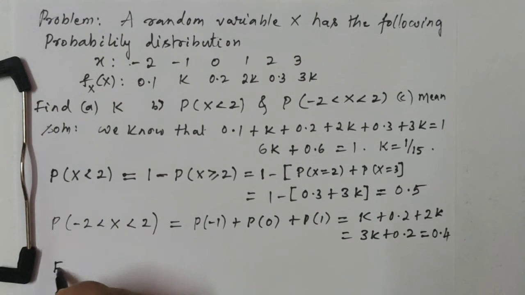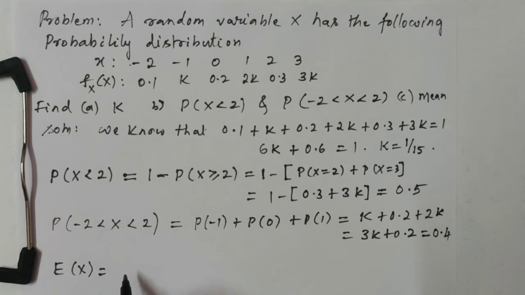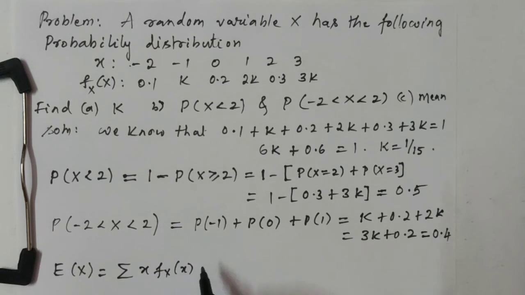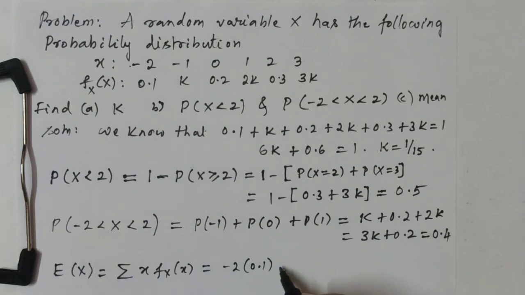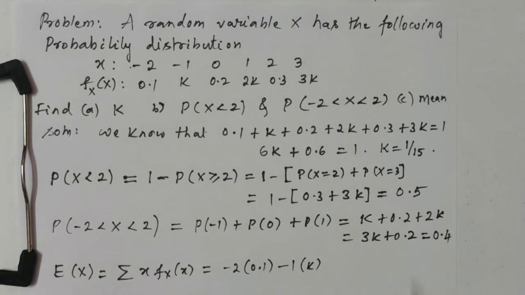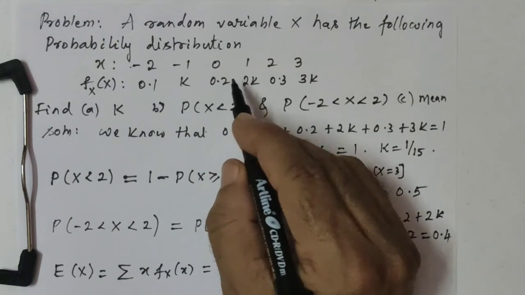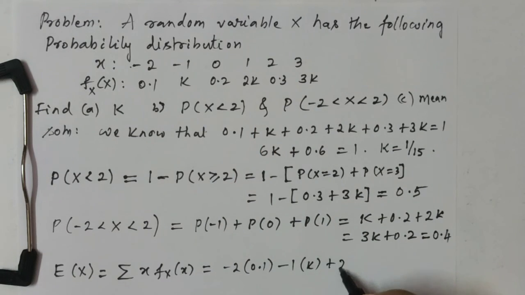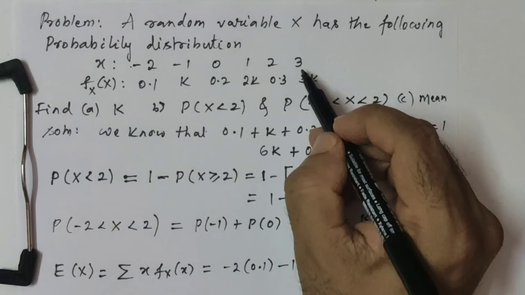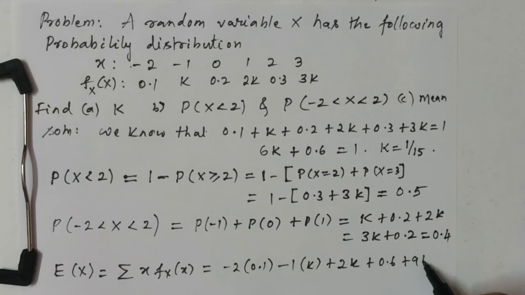Next, mean value. Mean value of x, expected value of x, is equal to summation x into f x of x, value of the random variable into its probability. So which is equal to minus 2 into 0.1, minus 1 into k, and then 0 into something is 0, so 0 into 0.2 is 0. Next 1 into 2k, that means 2k, 2 into 0.3, that is 0.6. Then 3 into 3k, 3 3s are 9k.